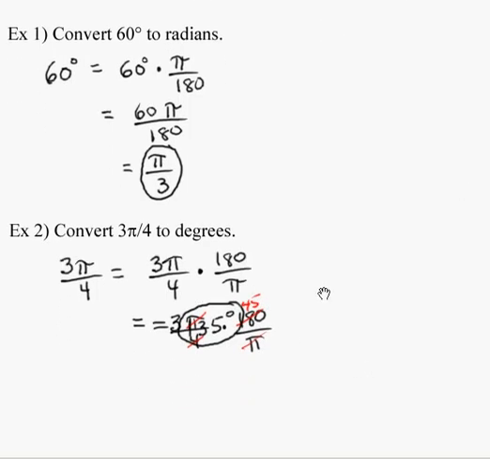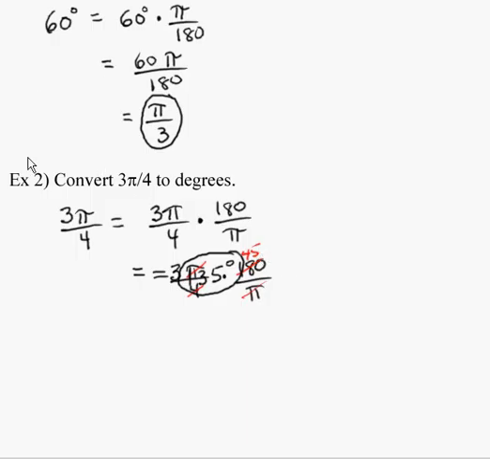And then 3 times 45 will give us our answer of 135 degrees for the measure of that angle. So then again, what we have is that 3 pi over 4 radians is the same thing as 135 degrees.